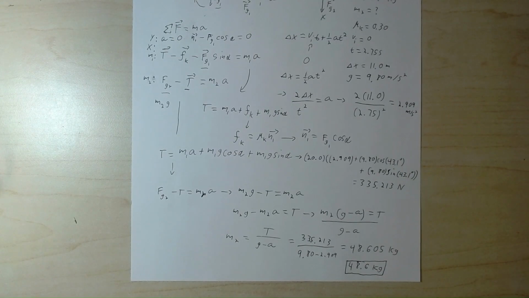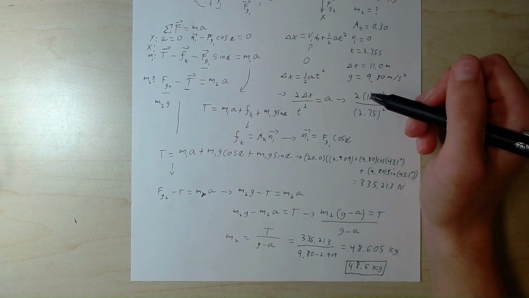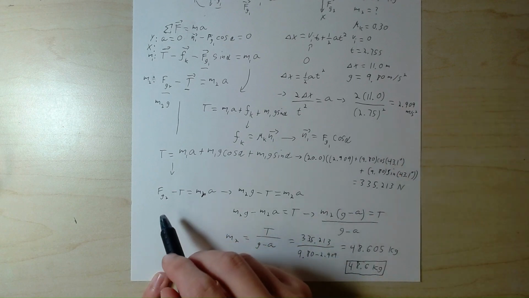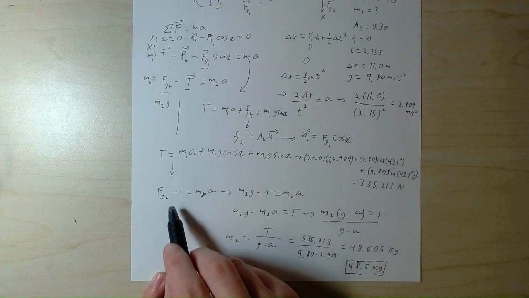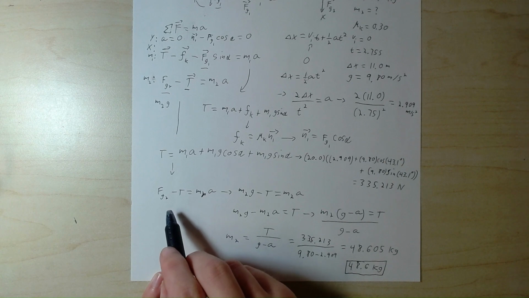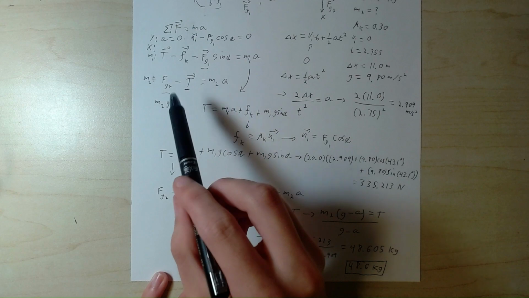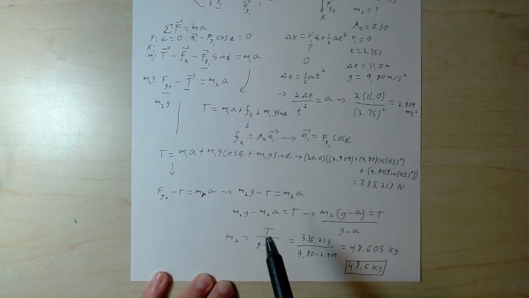And I realized that my calculations went off the screen, so here they are. So once we got our force of tension, we were able to calculate M2 because the tension was our only unknown in our force equations for M2.